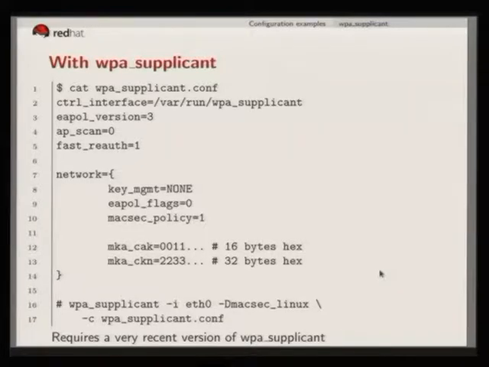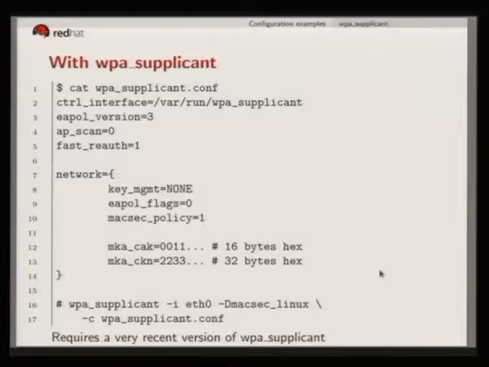So that's a sample configuration file. You have to generate one connectivity association key, and one connectivity association key number, that's the CKN. You need that pair.